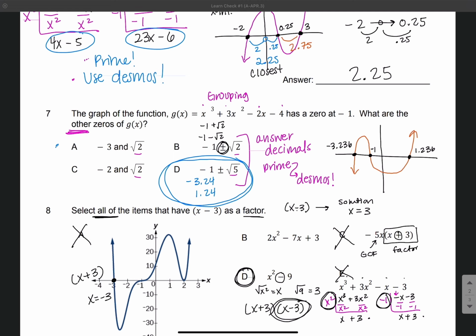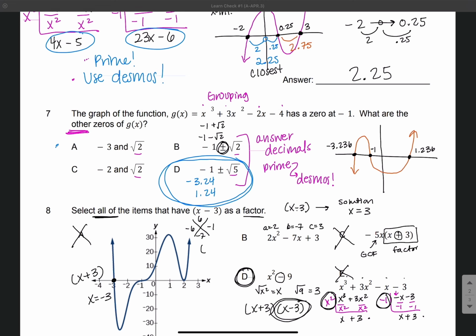And then for the last one, I'm going to go ahead and do the X method. That's going to be A is 2, B is negative 7, and C is 3. So that's going to be 6 and negative 7. So that means our side numbers are going to be negative 6 and negative 1.